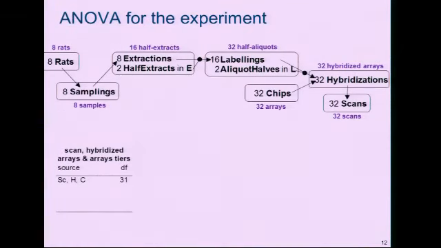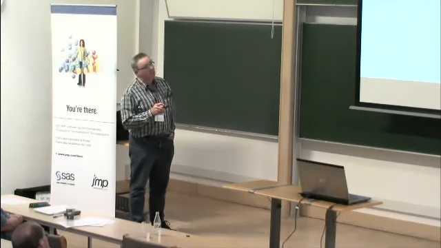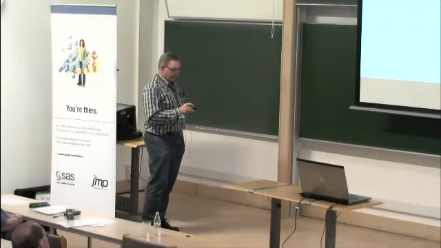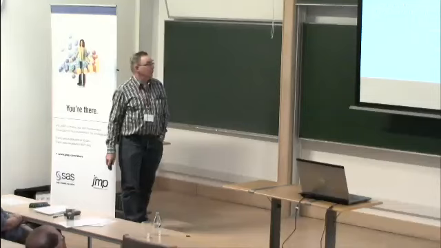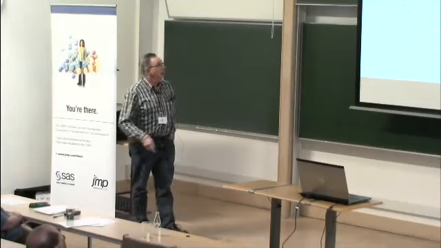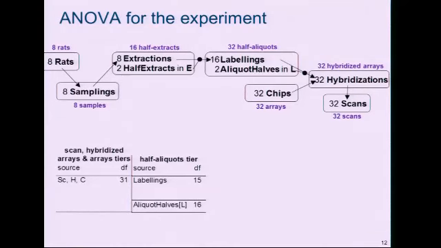But now we want to get the terms or sources in the analysis of variance coming from this half aliquot section, and we can see that the terms here, there will be 15 degrees of freedom for labellings, and for the aliquots within labellings there will be 16 degrees of freedom. And so we can add a set of columns that shows those two sources of variation. Of course those are confounded with the previous sources of variation, scans, hybridizations and chips. To the next panel, the half extracts panel, well, we're going to get a similar thing.